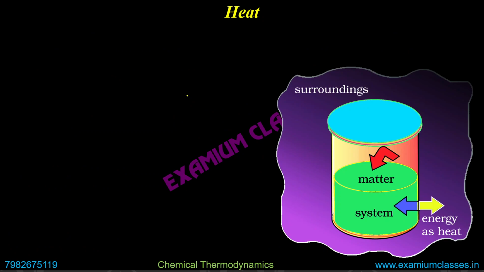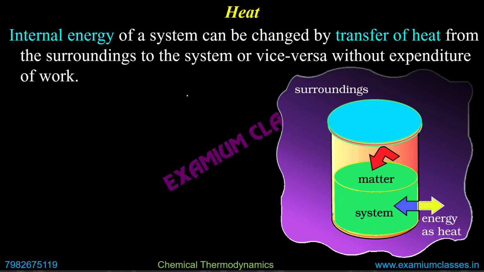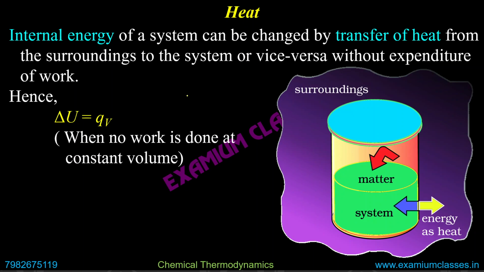Second, internal energy can be changed by heat only. So in this case, we are not doing any work, only heat we are considering. So in that case, what can happen? Delta U, that is the change in internal energy, will be whatever energy is changed due to that heat. This V just indicates that here it is at constant volume. Why are we saying constant volume? Because work is not being done.